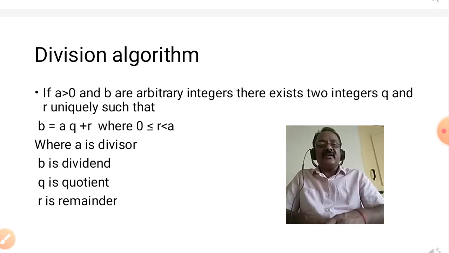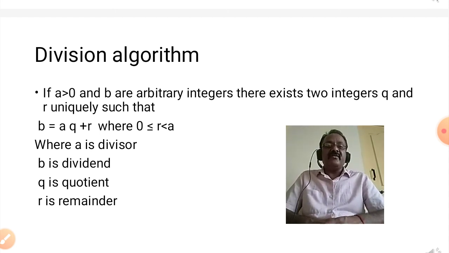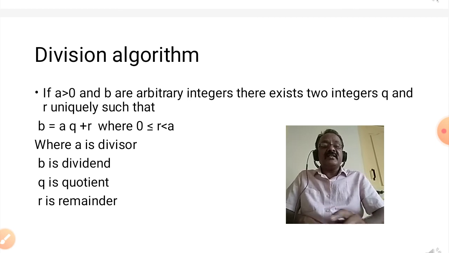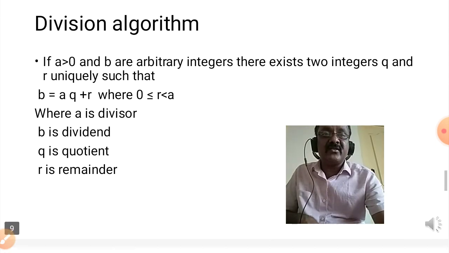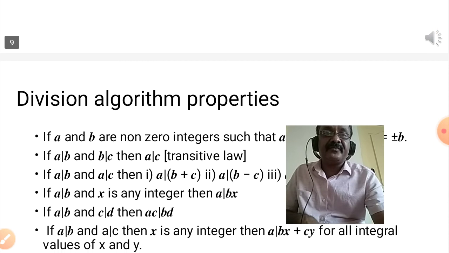That is written here, where a is called a divisor, b is called a dividend, q is called quotient, and r is a remainder. The important thing is here the remainder should be greater than or equal to 0. The remainder may be 0 or greater than 0, but the condition is strictly less than a. What is a? a is the divisor. This is called the division algorithm.